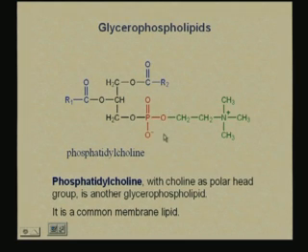Okay? So, these are the different types of glycerophospholipids that we can have. What you need to remember is the basic structure is a glycerol, you have two fatty acids R1, R2, you have a phosphate and the phosphate is linked again to another polar head group that is going to result in a polar head group to your lipid.